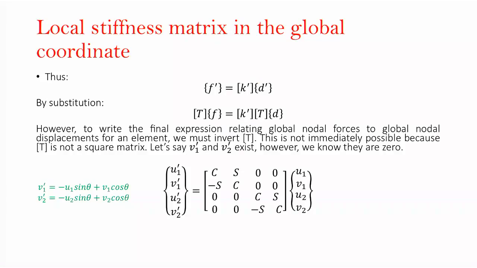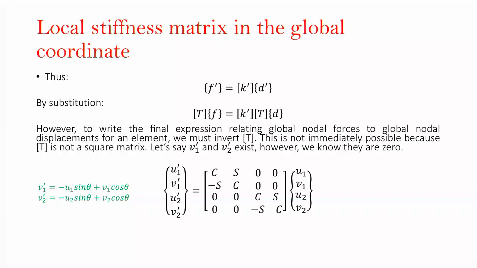And then when we went back to the formulation to find the K matrix in global coordinates, we figured out that to find the inverse of the transformation matrix, we need to make it square first. So that's why we added 2 components, V prime 1 and V prime 2, into the equations, although they don't exist in terms of the degrees of freedom for the truss element.